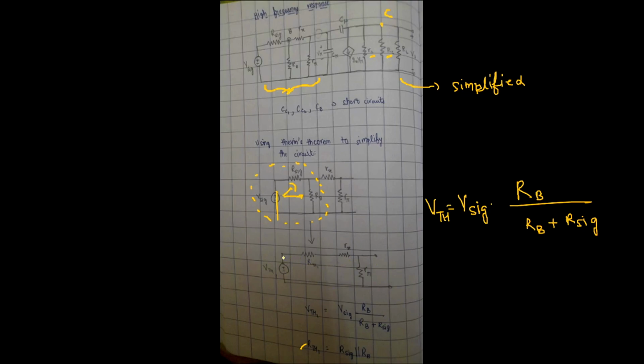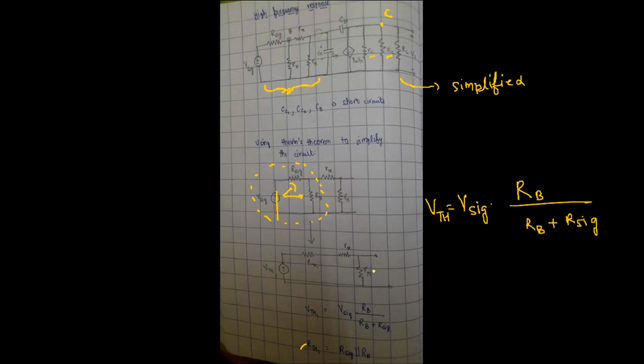Now we again apply Thevenin's in this circuit to simplify it even more. Here R pi is the resistor which is in parallel to the supply voltage. So the voltage across these terminals will be the potential difference across this. That is, the potential difference across R pi will be VTH into R pi divided by R pi plus RTH plus Rx.